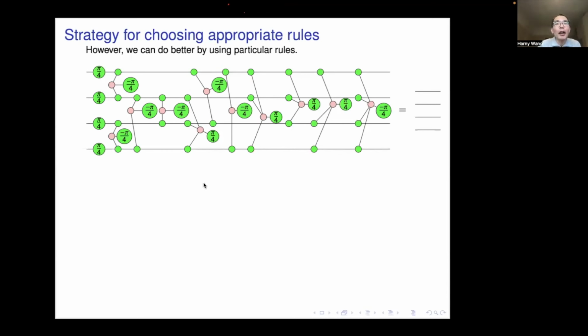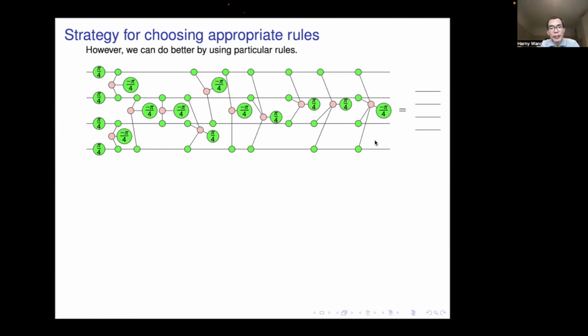We find some ZX identities, which are composed of these phase gadgets and single rotations. That means for each wire you have pi by 4. For each 2 wires you have minus pi by 4. For each 3 wires you have pi by 4, and finally for the 4 wires you have a single phase gadget with minus pi by 4.